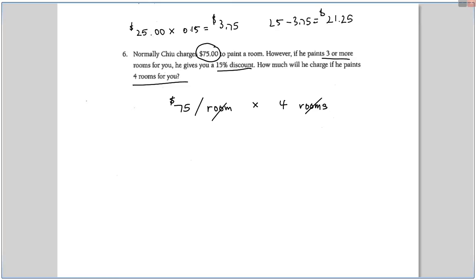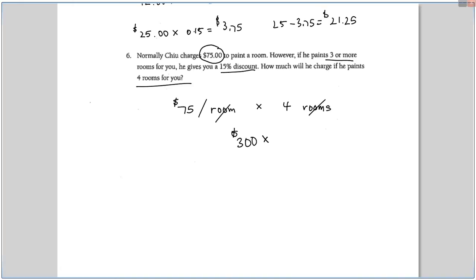Those of course cancel, and you end up with 75 times 4, $300. Don't forget about the 15% discount. Always make a decimal and then multiply. So 0.15 times 300, $45. That's your savings. So subtract 45 from that original amount. You're paying $255 to the person to paint your rooms.